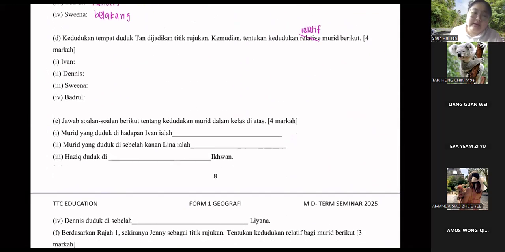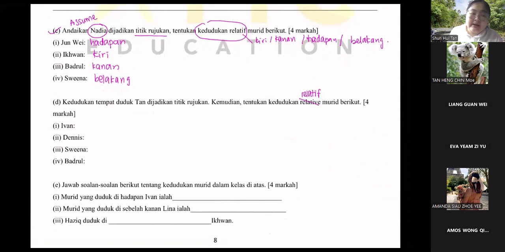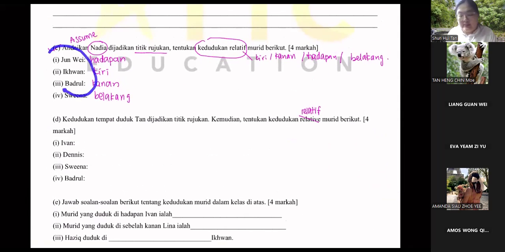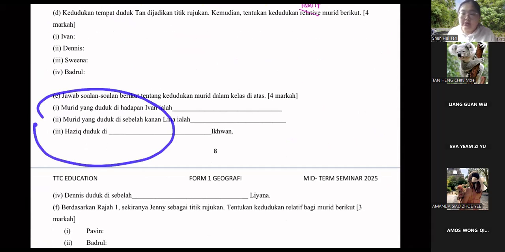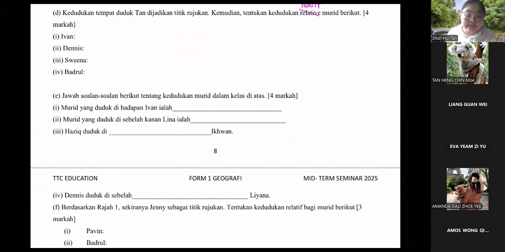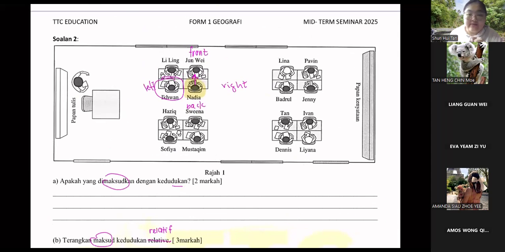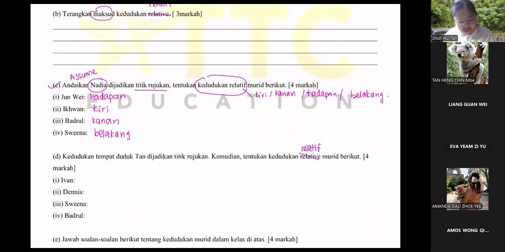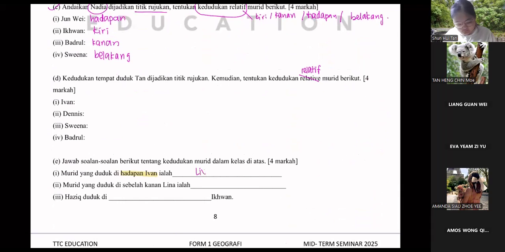Now, here. They might not always give a short one. They might give you a sentence form, so you need to make sure you read the sentence. They tell you, murid duduk di hadapan Ivan. Look at it. Who sits in front of Ivan? Liana, yes. And the next one, who is sebelah kanan Lina?